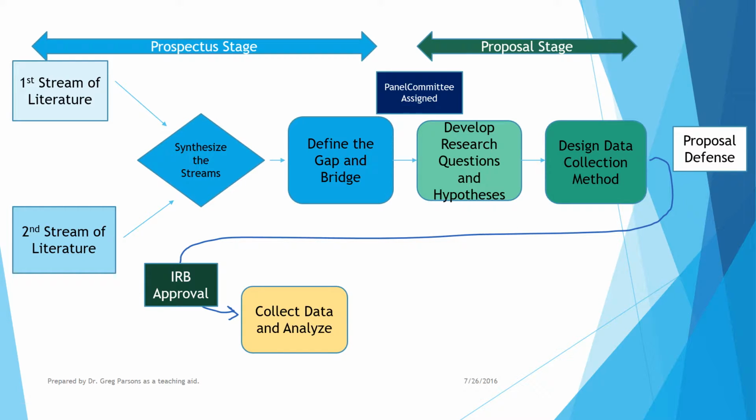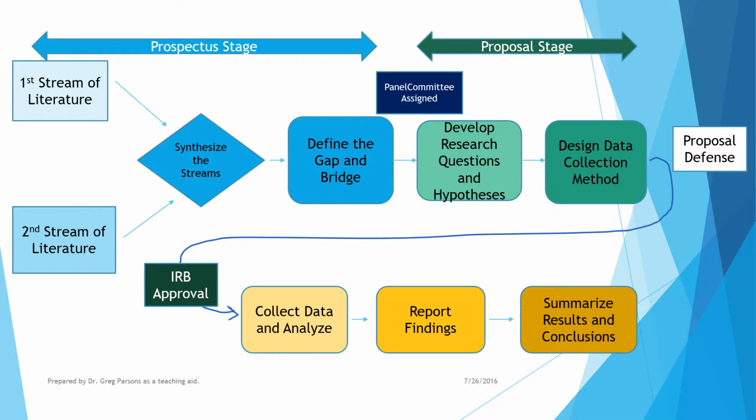Once that's been approved, then you go out, and whether you're sending out surveys or you're using experiments or you're doing observations, or even if you're going to secondary databases such as the Census Bureau or the World Bank or the Bureau of Labor Statistics, you then start to collect the data. When it's collected, then you analyze it, run it through your statistical packages such as SPSS, and then you report the statistical findings and see whether your hypotheses have been accepted or rejected.